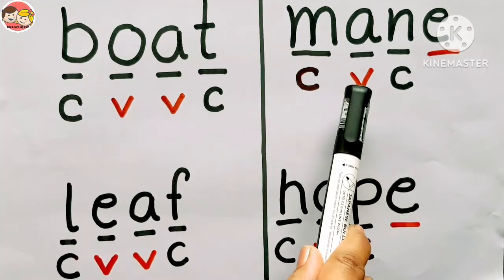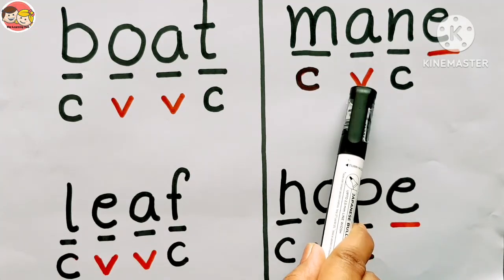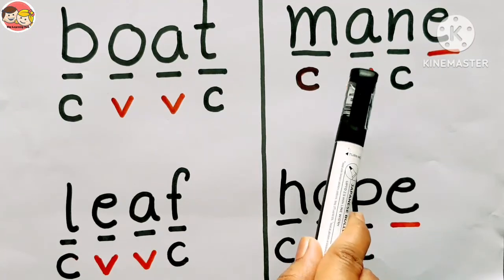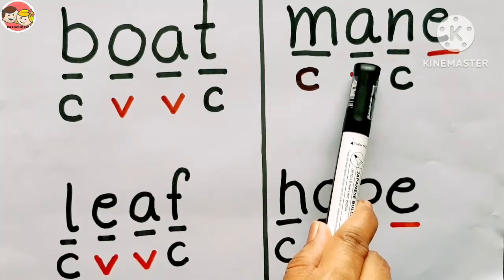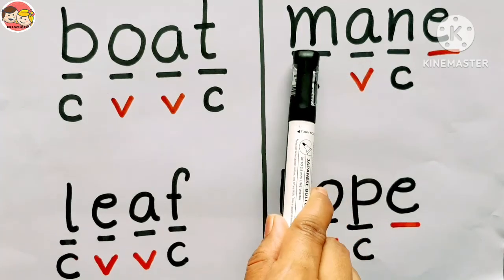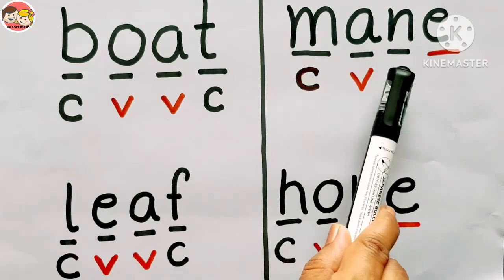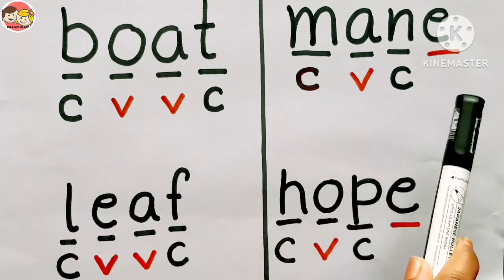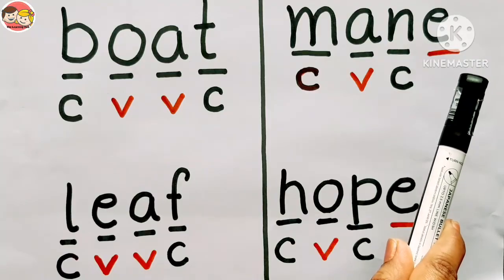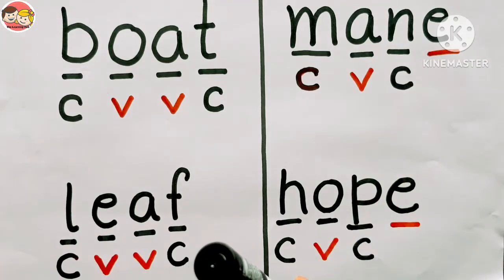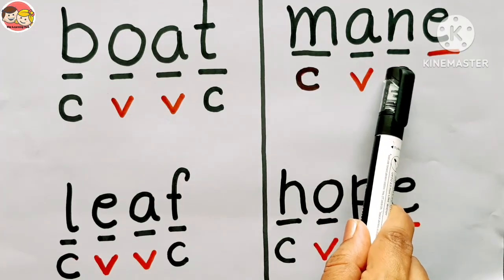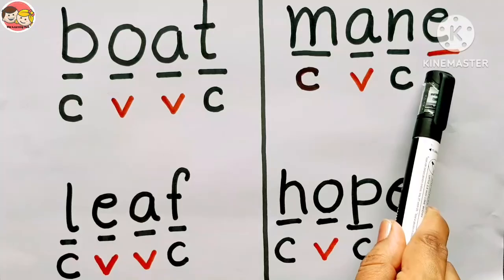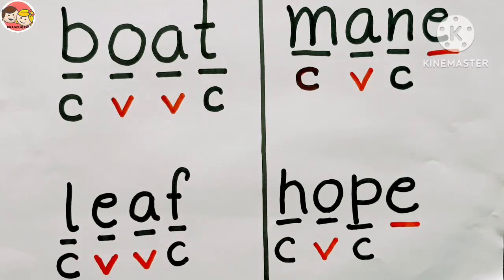So the long sound of this letter is A. It means the letter itself, A. Mane. E will be silent. Shh. A. Mane. E is silent. Shh.